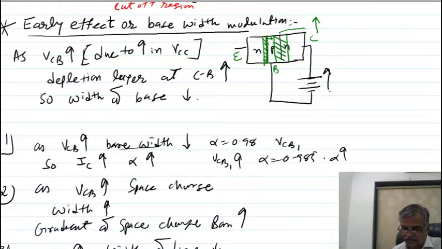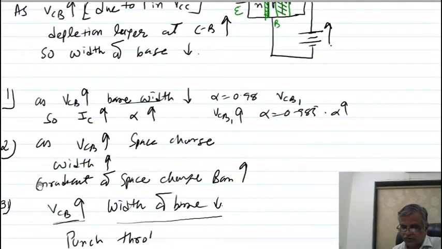Second, due to the gradient of the space charge, the current due to minority charge carriers across the emitter junction increases. Third, if you increase the value of VCB, at a particular value of the voltage the base width is reduced to 0. This is called punch through.